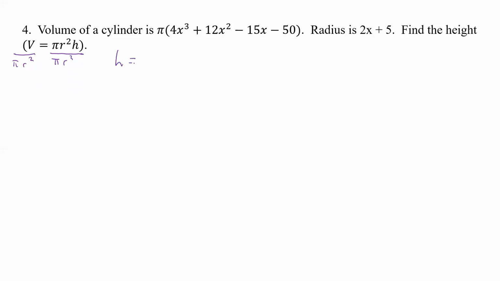So height is going to be equal to, and now what we do is we're just going to divide this by our pi r squared. Okay, so let's write this all out. Pi times 4x cubed plus 12x squared, and I'm just going to write 2x plus 5, not 15, 5.